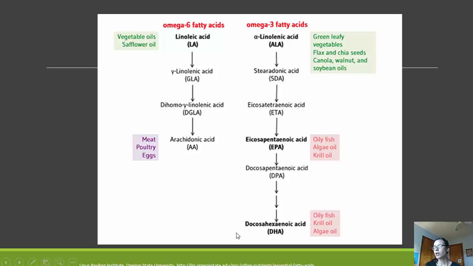Now, as I said, there is a pretty low efficiency of conversion from ALA down to EPA and DHA. So that's why it's recommended to obtain EPA and DHA from additional sources other than only plant sources, or at least to pay attention to dosage when we're taking in omega 3s only in the form of ALA.